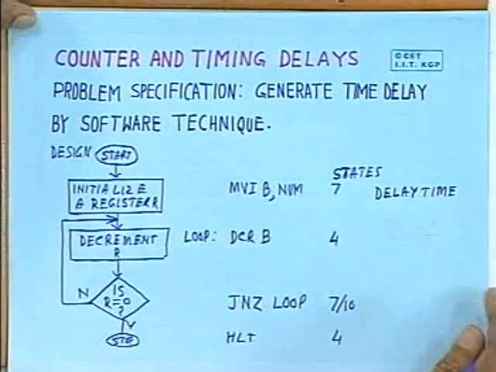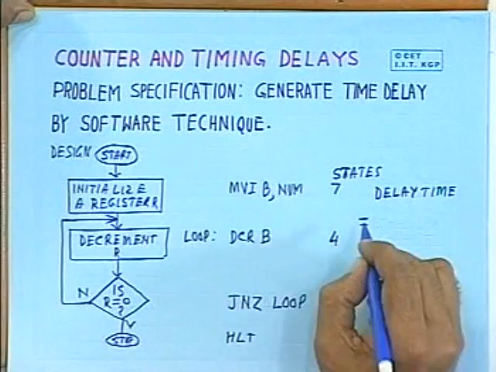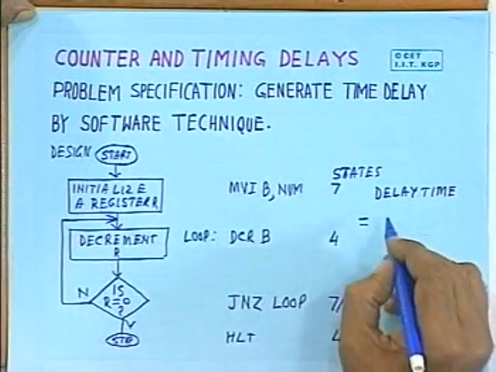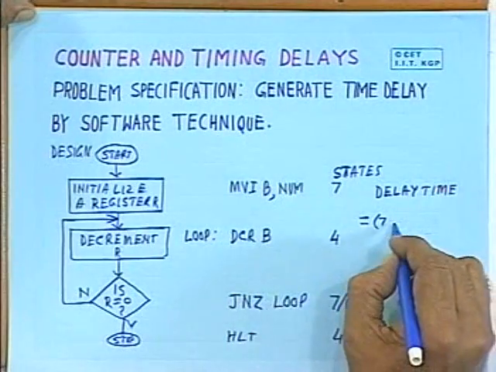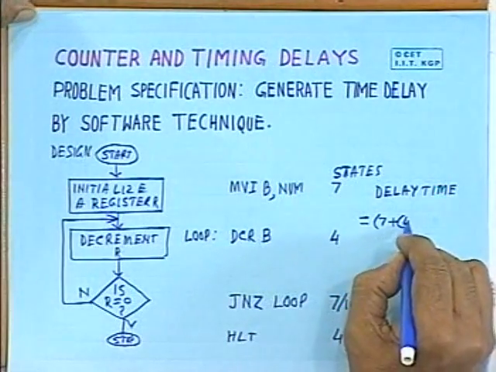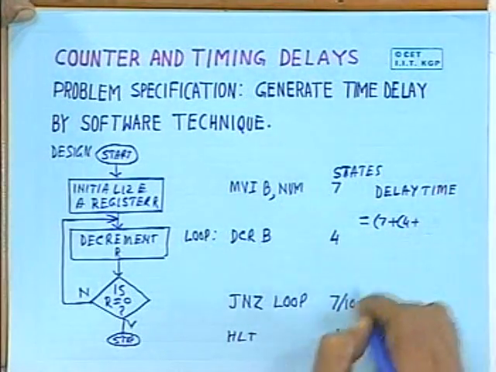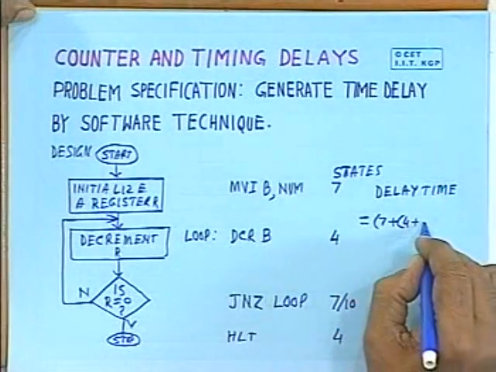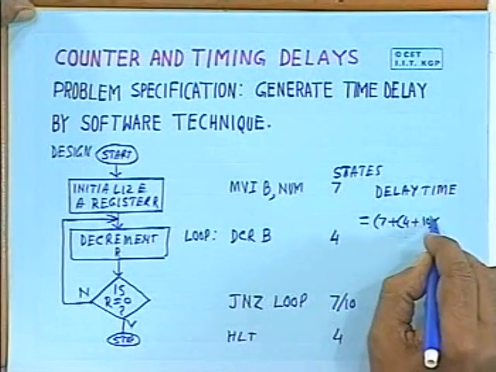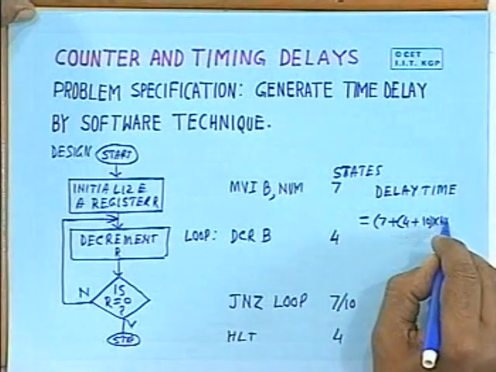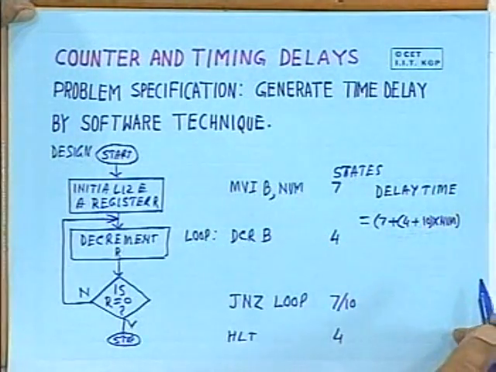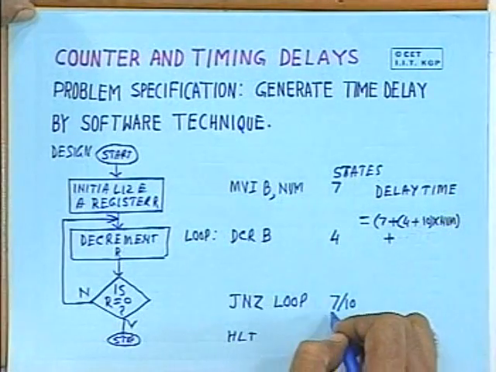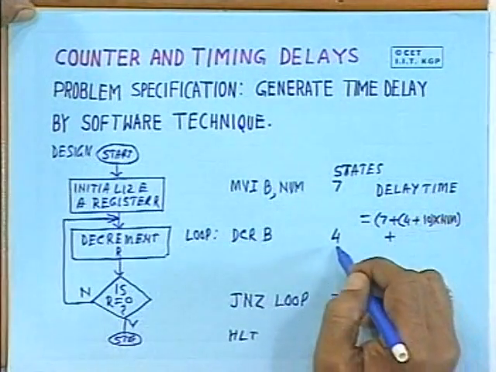These instructions will be executed only once: 7 plus 4 plus 10. The 4 plus 10 will be executed a number of times, depending on this value. And finally 10 plus 4 plus 7.